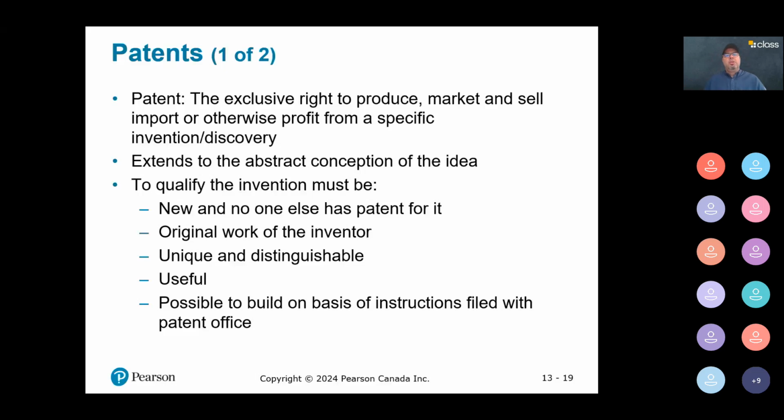So you see, if I come up with a book, the book is automatically protected by copyright. But if I come up with a specific product that comes from a specific technology, a specific processing or manufacturing process, it may be patented.